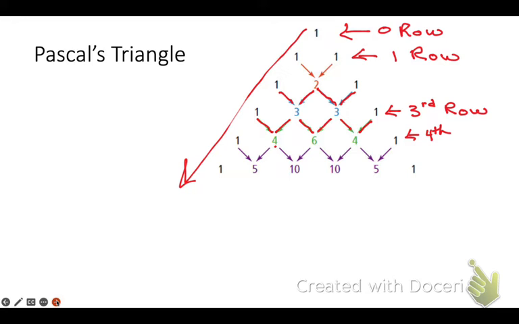So the fifth row, you start with 1, and 1 plus 4 is 5. 4 plus 6 is 10, 6 plus 4 is 10, 4 plus 1 is 5, and 1 on the last outside. So this is the fifth row. I want you all to do the sixth row.